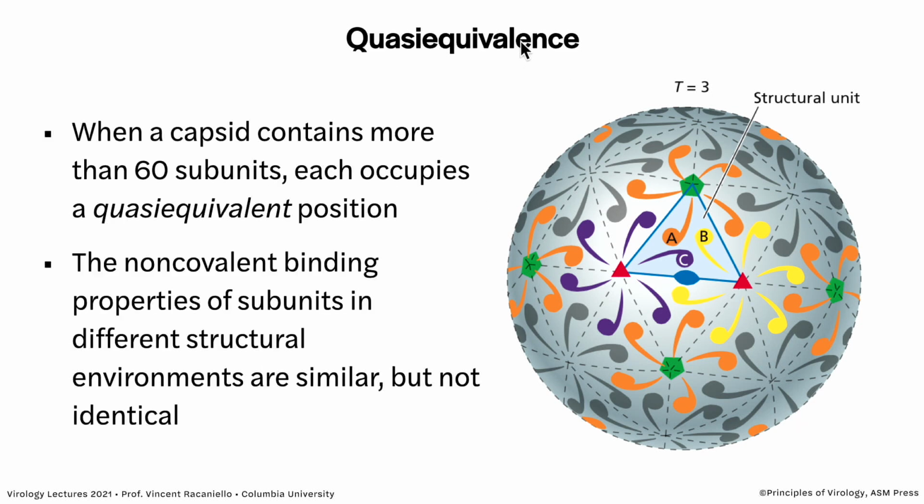So quasi-equivalence is this idea that if a capsid has more than 60 subunits, each one of those occupies a quasi-equivalent position in the particle. And in addition, the non-covalent binding properties in these environments are similar but not identical. So again, you have these hexamers and pentamers. It's all head-to-head, it's all tail-to-tail, but there are environments that are clearly different.